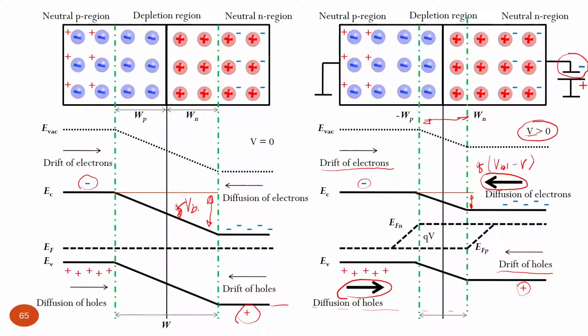So now what we have is just a dramatically increased diffusion of electrons and holes from the n and p type regions respectively. We can consider this process from a different angle. We can consider it as the injection of minority charge carriers, electrons in the p-type and holes in the n-type, in large quantities.